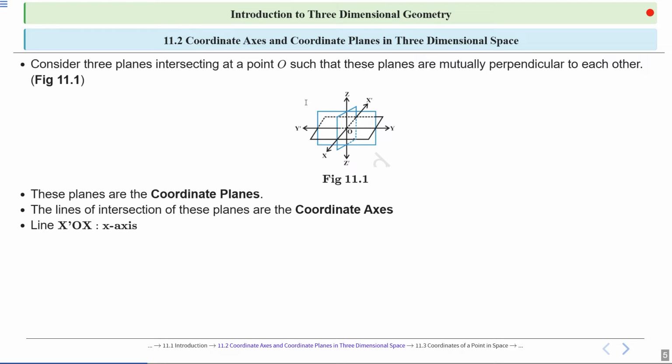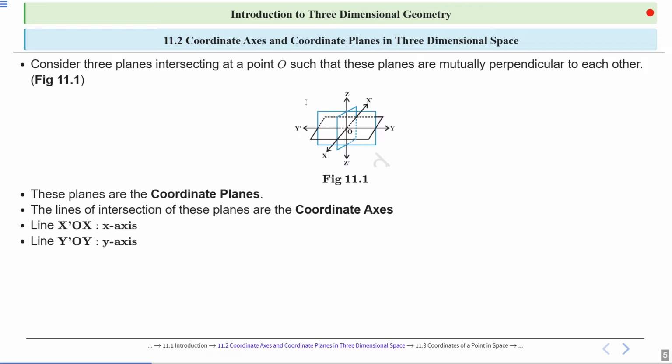The first line is labeled X'OX, and we call this the x-axis. This axis runs horizontally in the diagram and is used to measure how far a point is along the x direction. The next line is Y'OY, which is the y-axis.